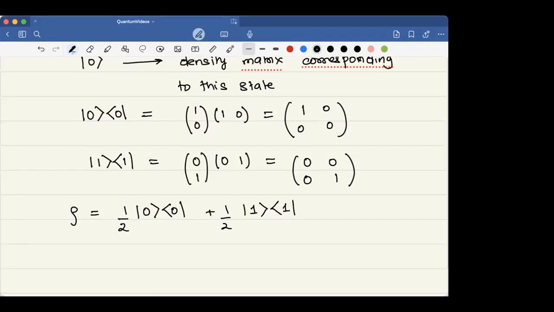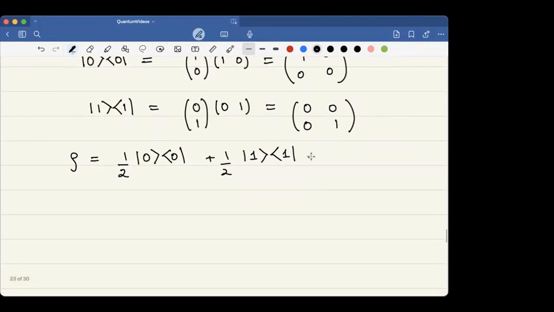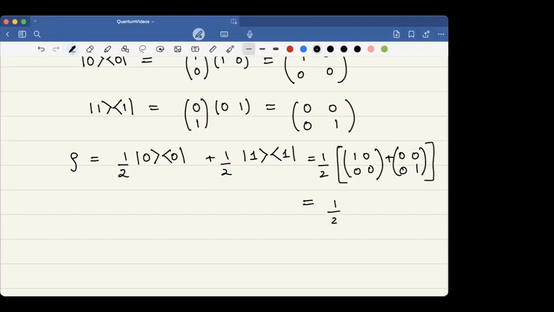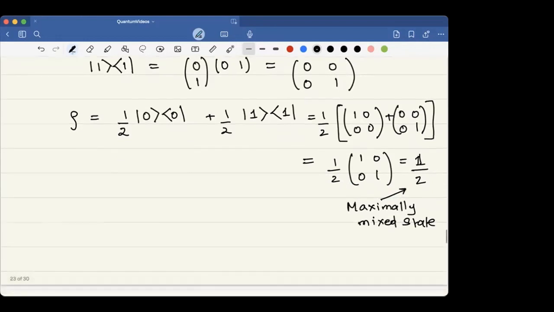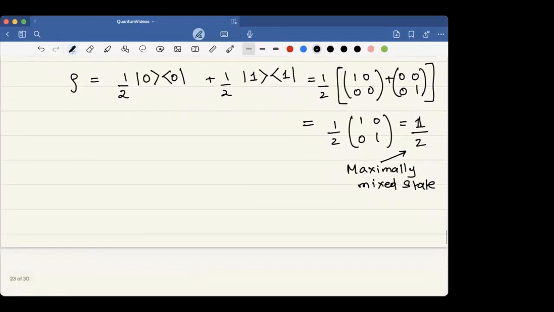This is going to be half [[1, 0], [0, 0]] plus half [[0, 0], [0, 1]]. So this is going to be half [[1, 0], [0, 1]], which is identity over 2. This is called the maximally mixed state.